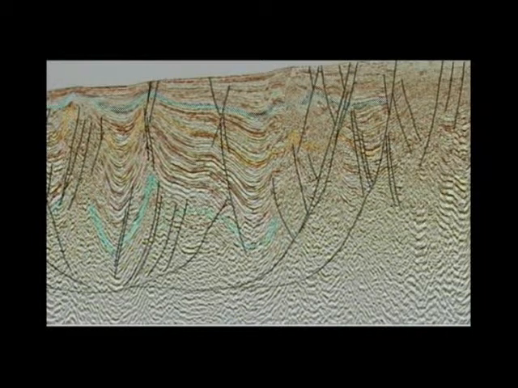These are very, I would say, attractive from the explorationist point of view. There's a lot of structure, lots of faults, lots of folding, lots of opportunities for creating traps.